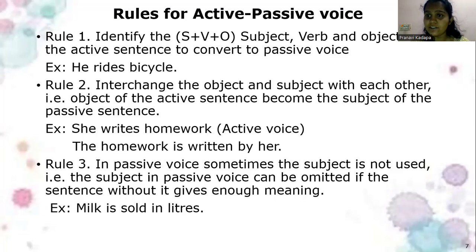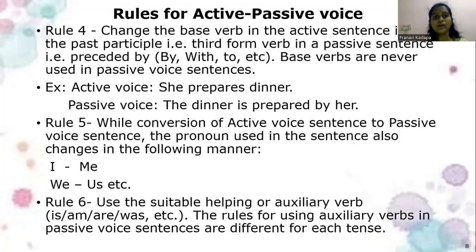That kind of difference. There are so many rules for passive. Rule 4: change the base verb in the active sentence into the past participle, that is, the third form verb in the passive sentence, preceded by with, by, to, etc.